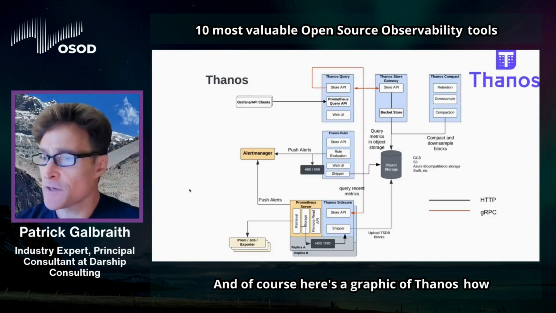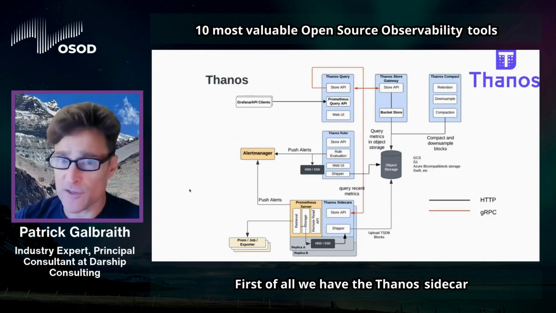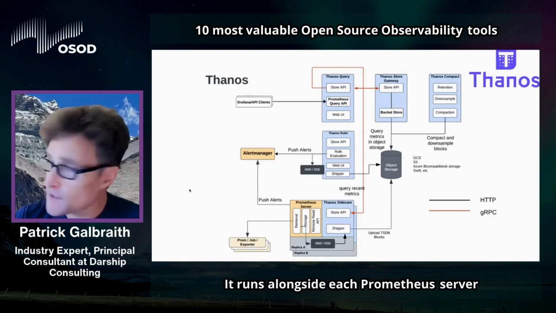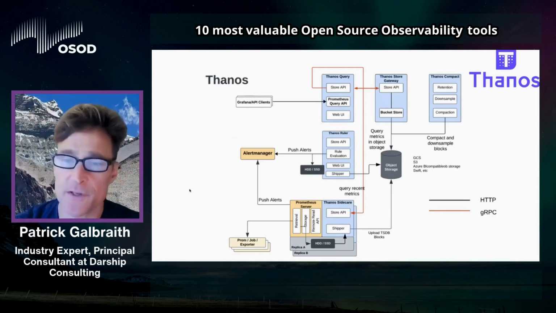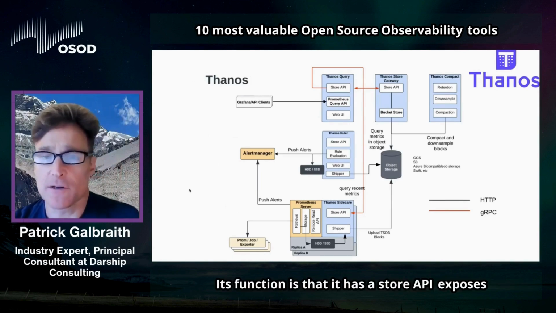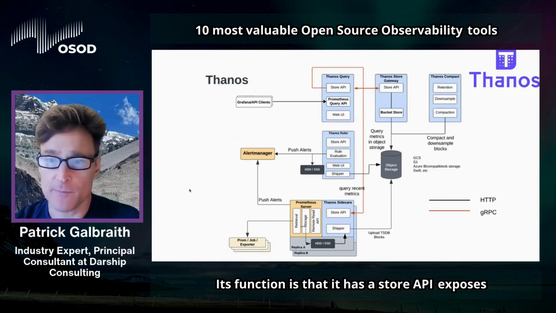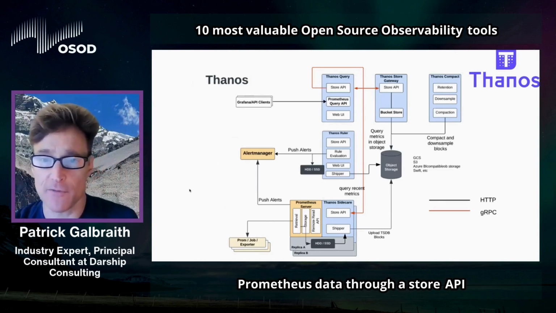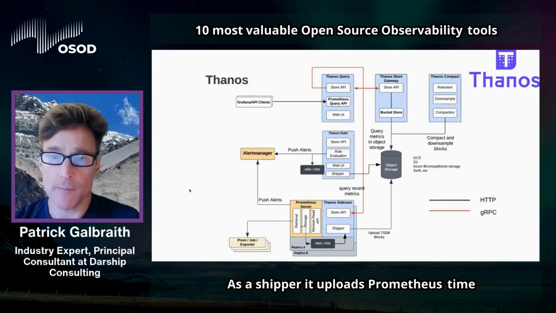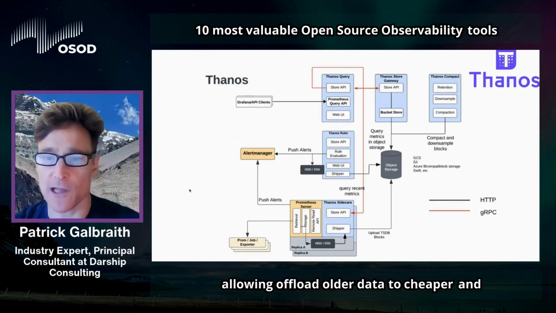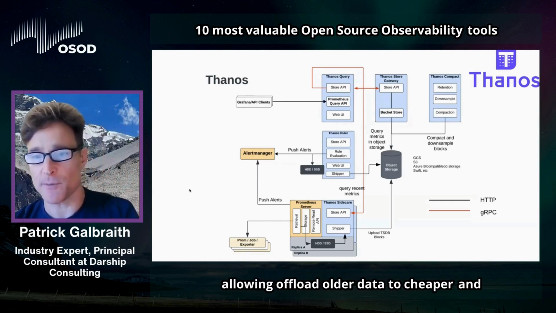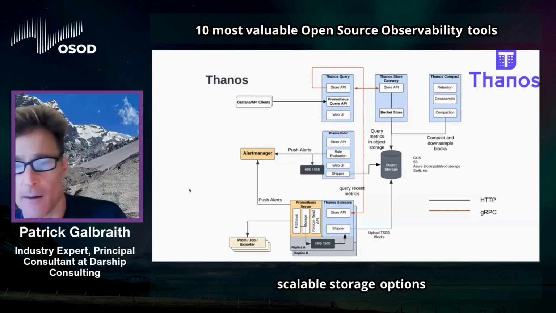And of course, here's a graphic of Thanos, how it works. First of all, we have the Thanos sidecar. It runs alongside each Prometheus server, acts as an intermediary between Prometheus and Thanos and other components. Its function is that it has a store API, exposes Prometheus data through a store API, has a shipper, uploads Prometheus time series database to long-term object storage, allowing offload of older data to cheaper and scalable storage options.